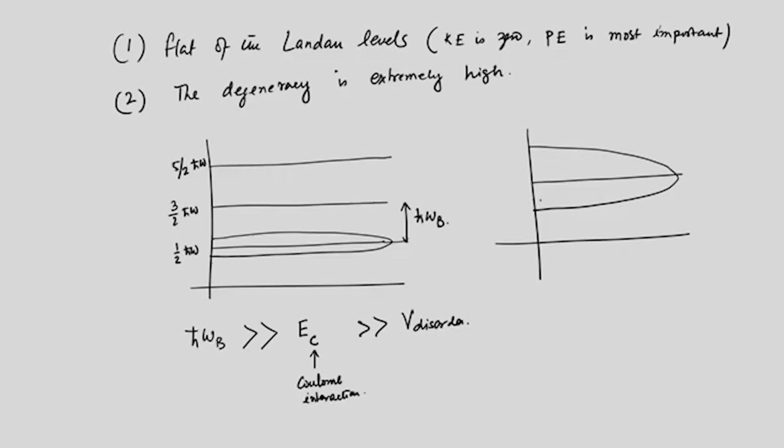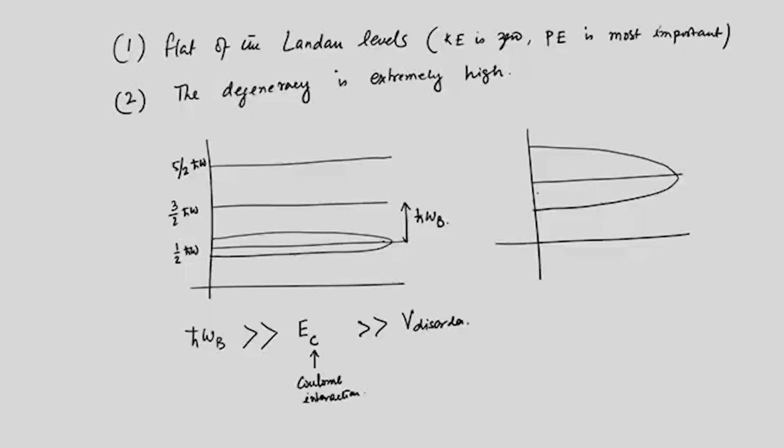And there is one more important thing: the formation of the Landau levels is still so large, that is, the difference between the two Landau levels is still very large, such that the Landau levels do not merge. They do not start overlapping with each other even when interaction and disorder are present.